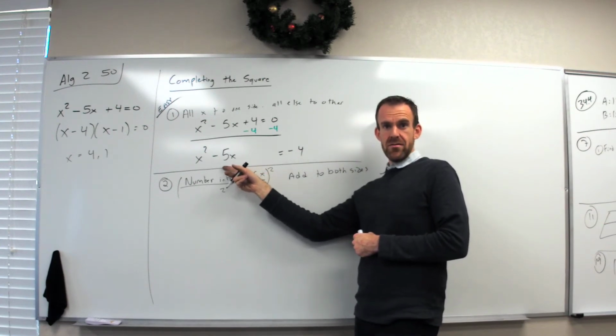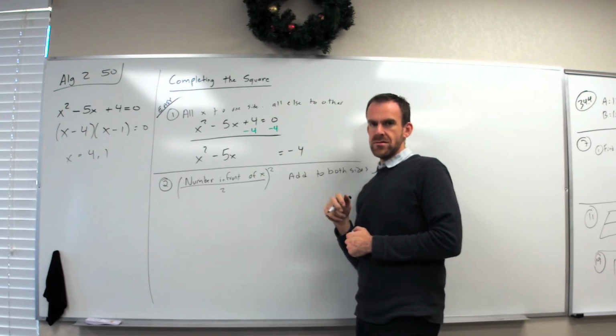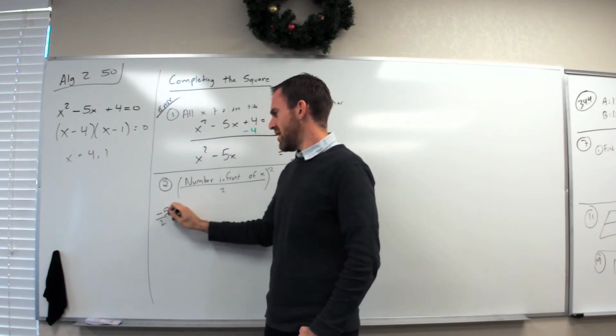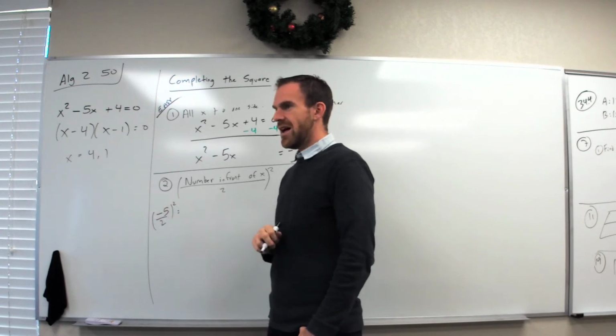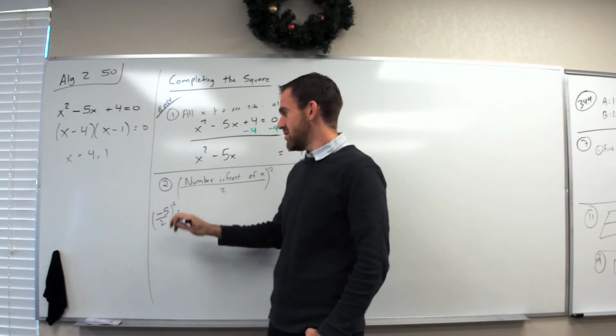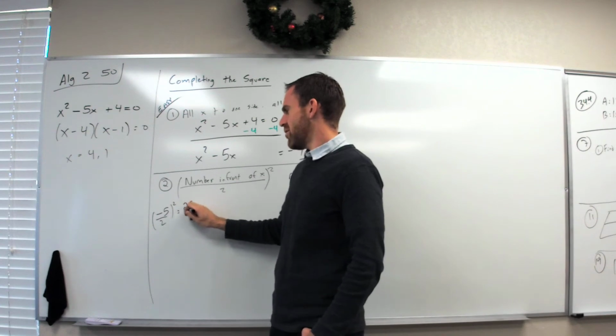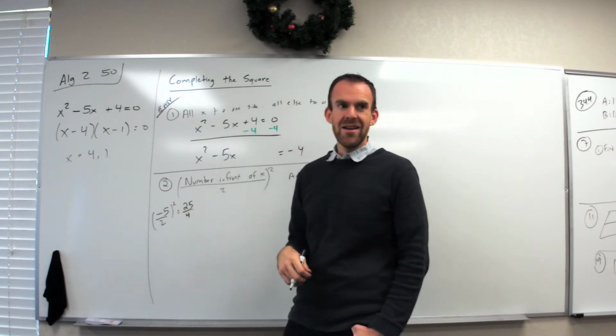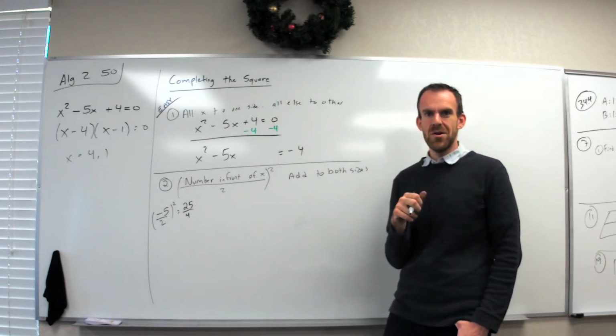Negative 5. Correct? I'm going to take negative 5, divide it by 2, and square that. That is what? 25 over 4, because 2 squared is 4. So I'm going to add 25 fourths to both sides.